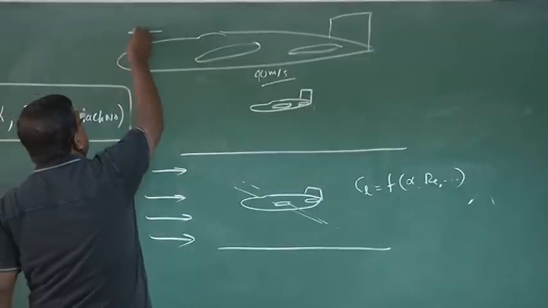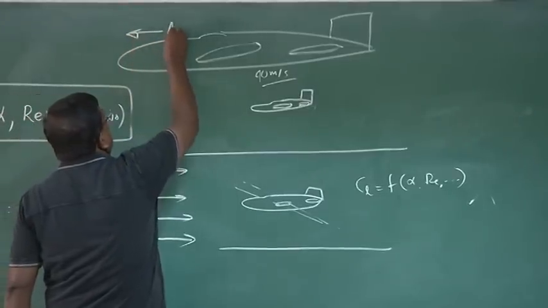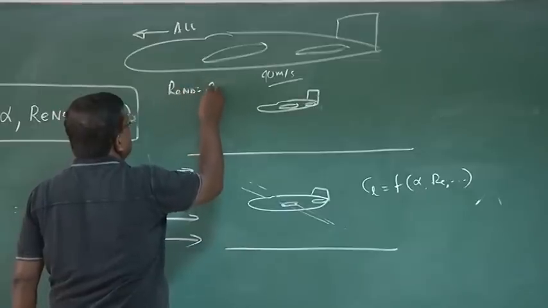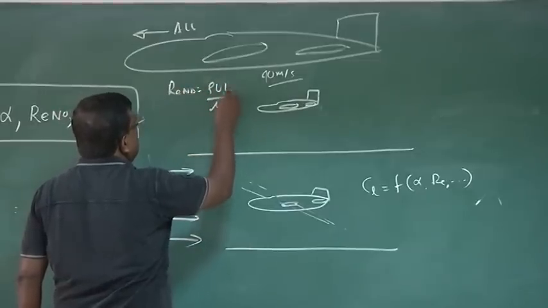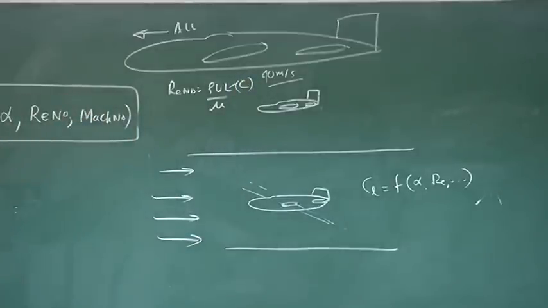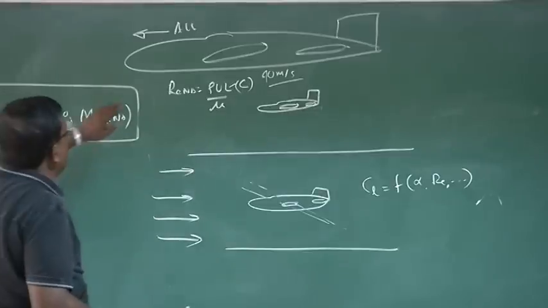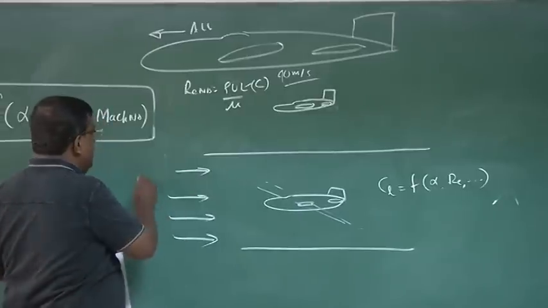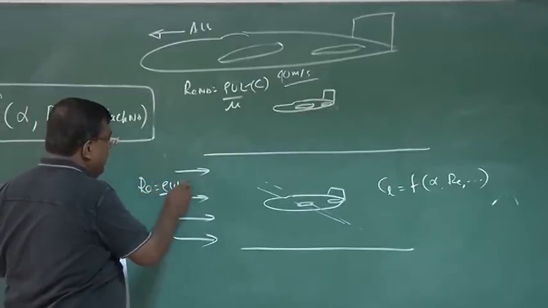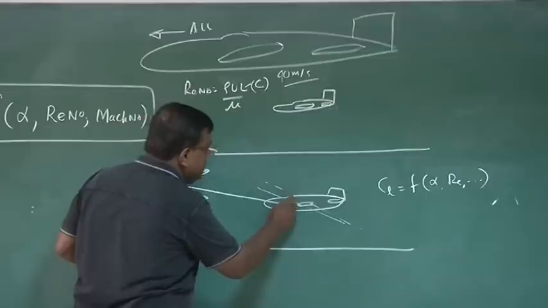When it was flying at a particular altitude, what was the Reynolds number it was flying at? So I calculate rho u L by mu. L in this case will be the chord of the wing. So I know what Reynolds number the aircraft was flying at. I will duplicate the same Reynolds number here, because here I know Reynolds number again is rho u L by mu, where L will be the chord of this scaled down model.